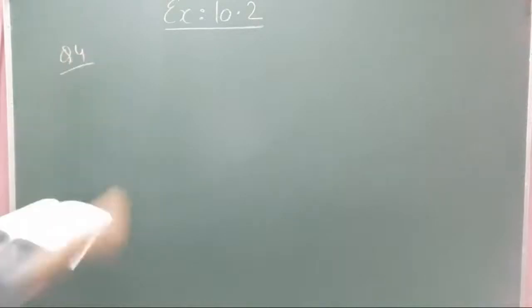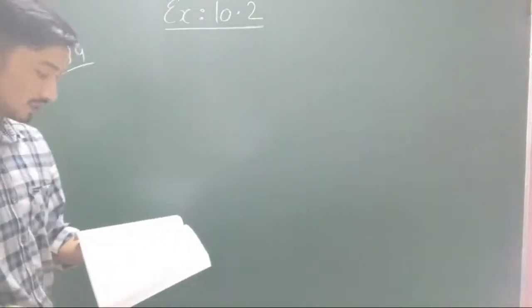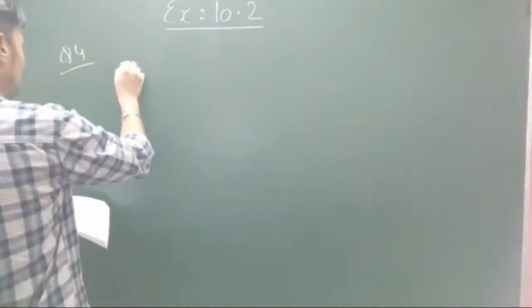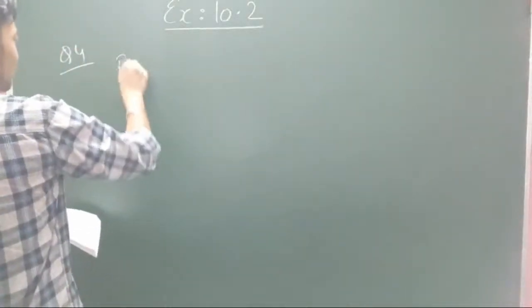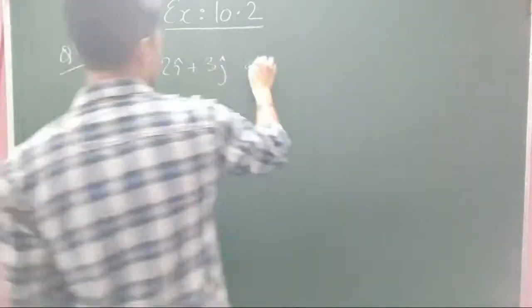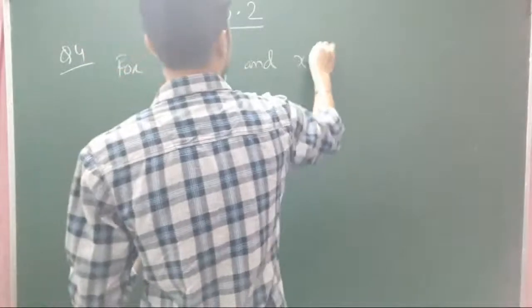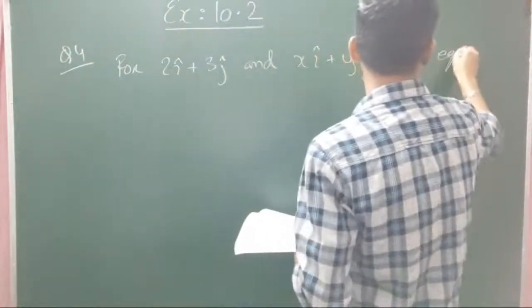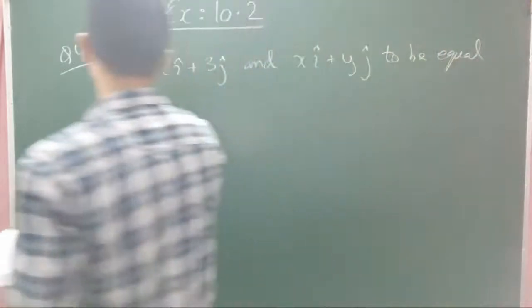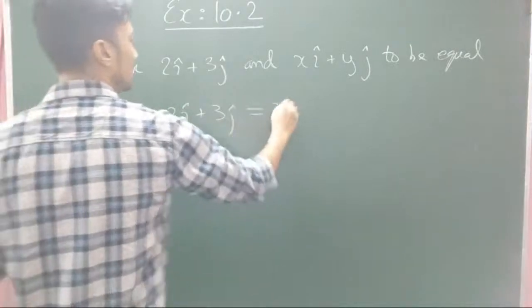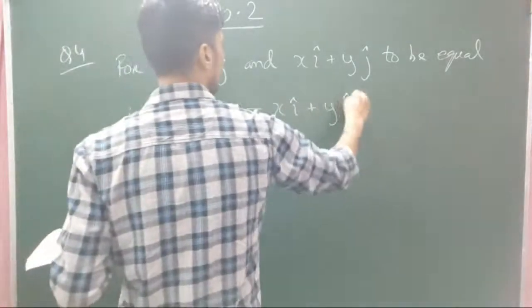So question number 4, the question is very simple: find the values of x and y so that the vectors 2i plus 3j and xi plus yj are equal. To be equal, 2i plus 3j should equal xi plus yj.